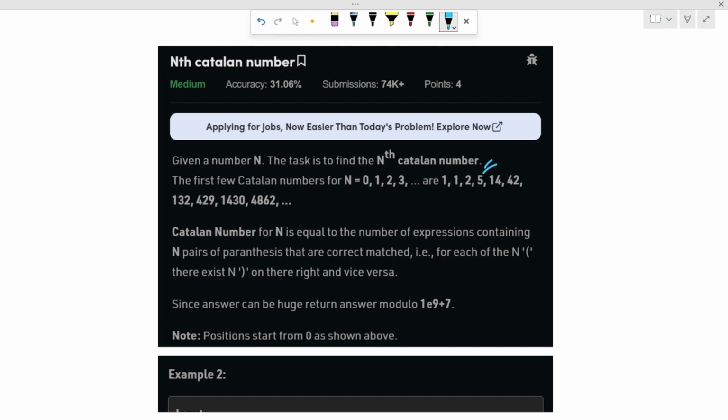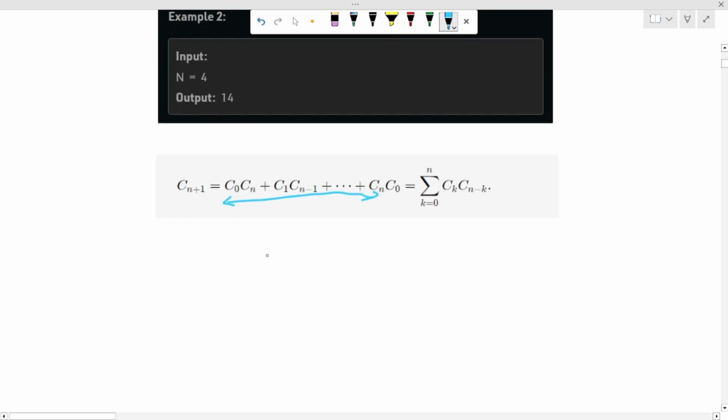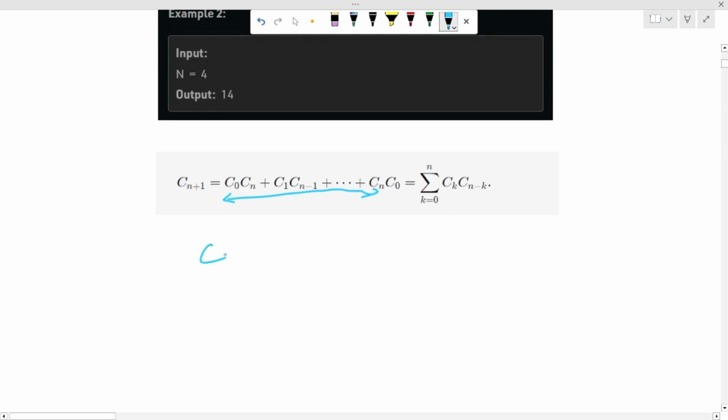Catalan number is a series of numbers such that my n plus 1th Catalan number can be determined by this particular formula. So if you don't understand yet, let's see what would be the Catalan number for 4. What is the C of 4? According to this formula, C of 4 would be what?